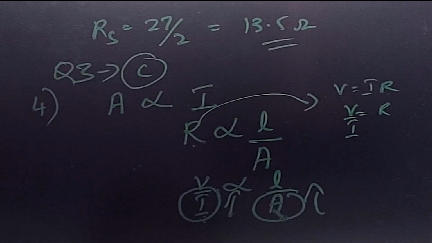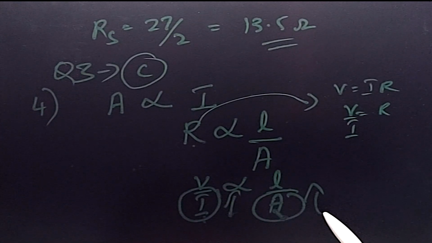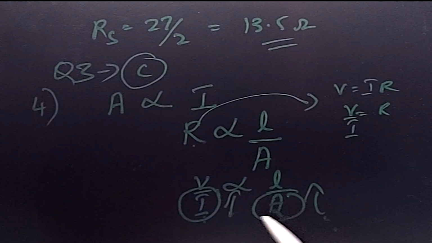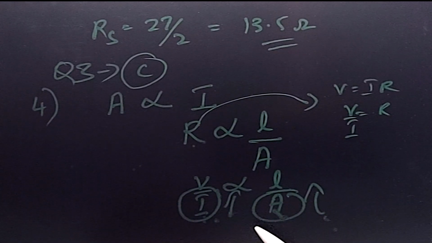Hence, with this formula, we can tell that if area of cross section increases, the current also increases. This is the justification you have to write.